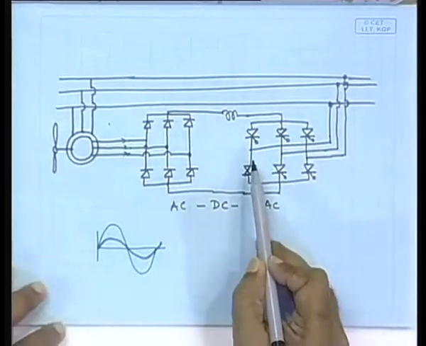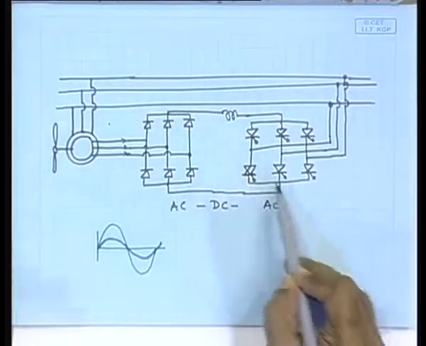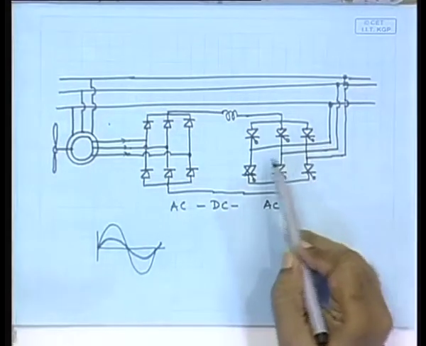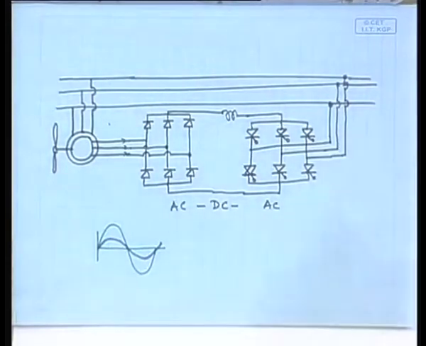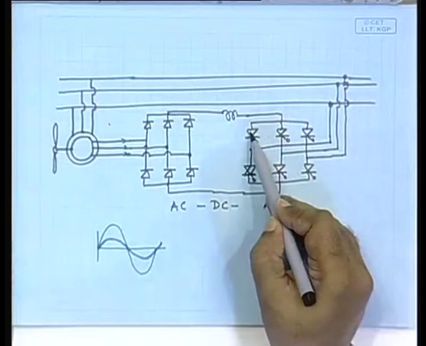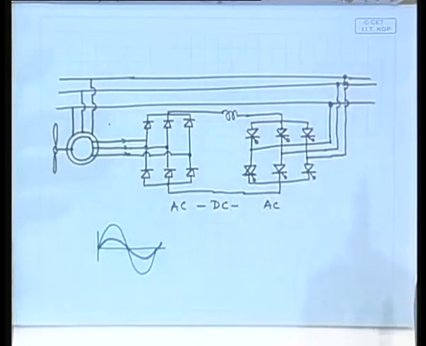Presently it will suffice to understand that it turns the DC into AC. It actually does not turn it into a sinusoidal AC, it turns it into a sort of square wave kind of AC, but it does that by simply switching it in the proper sequence. That is all.